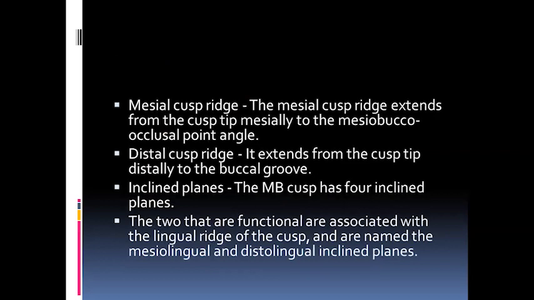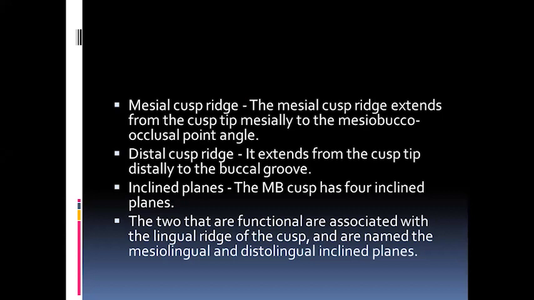Mesial cusp ridge. The mesial cusp ridge extends from the cusp tip mesially to the mesiobuccal occlusal point angle. What is the point angle? Where three crown surfaces meet is called the point angle. Mesio-bucco-occlusal point angle.